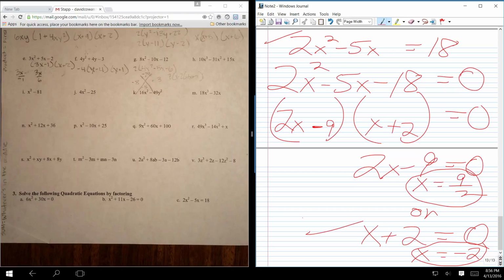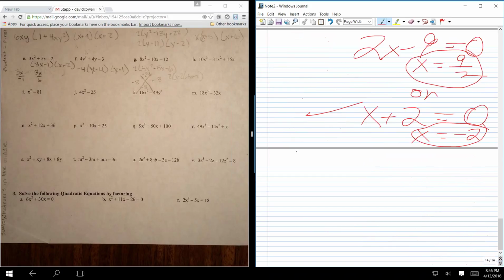Normal quadratics do not tend to produce extraneous results. The kind of equations that might produce extraneous results are if there's a square root in the equation, an absolute value, or a logarithm. So if you see one of these, you need to check both solutions and make sure they are legit.